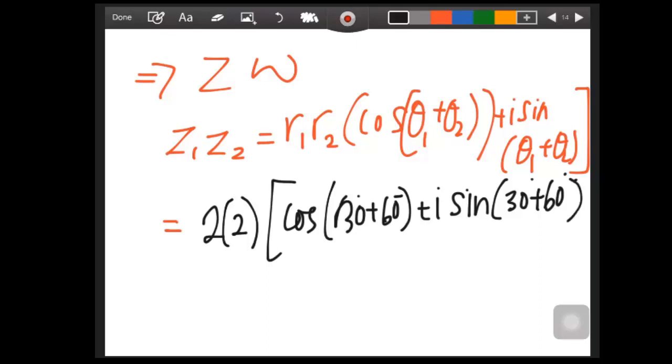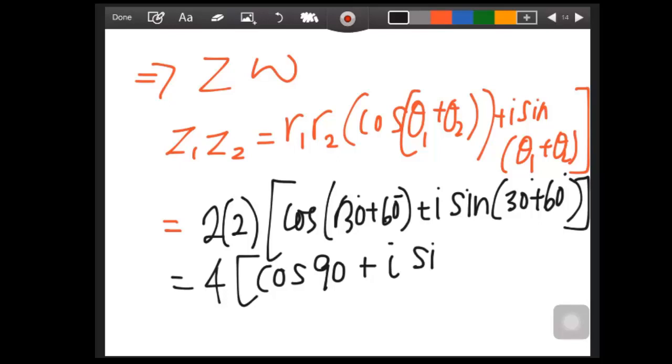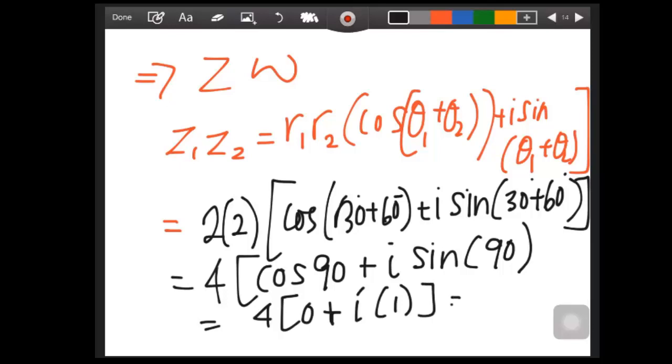So we got 4 darab dengan cos 90 plus dengan i sin 90. Okay, so berapakah cos 90 is 0 lah, and then kita ada sin 90 adalah 1. So kita ada darab 0 plus dengan i darab dengan 1. So kita akan dapat 4i. Ni untuk ZW.